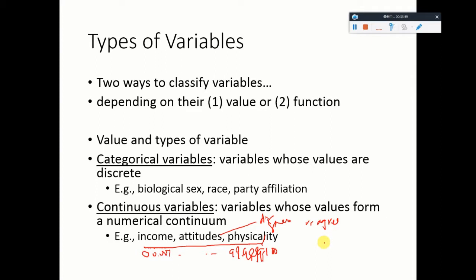You are very correct if you think that way, because disagree is definitely very different from agree, and these two values are not overlapping. They're mutually exclusive. You cannot disagree and agree on the same issue at the same time. So if you think about attitudes in this way, then of course you will categorize attitudes into categorical variables.